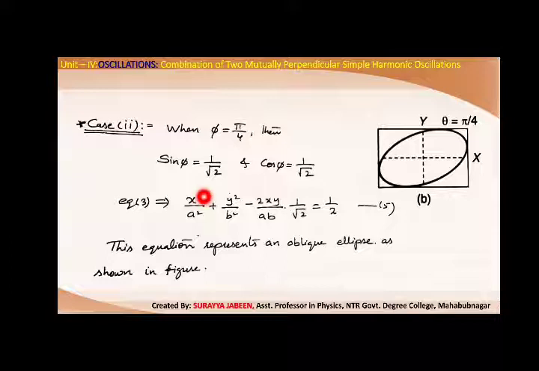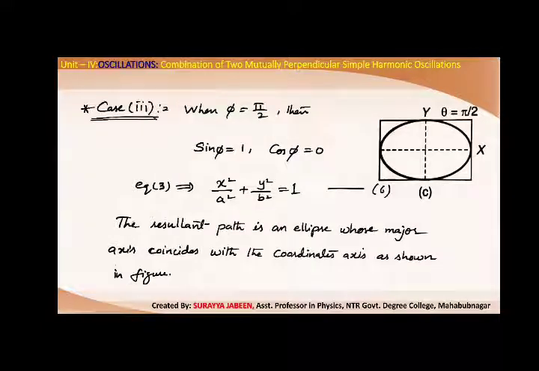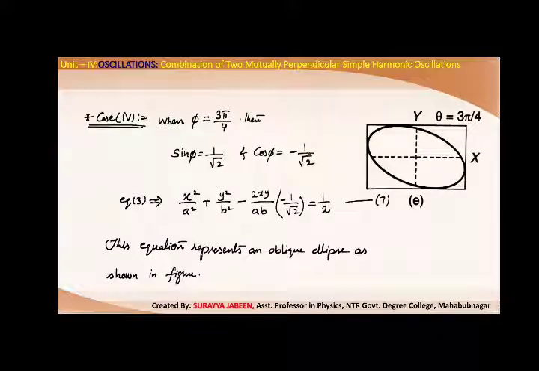Here 1 by root 2 and 1 by root 2, and we get the same formula. But instead of minus here we get plus, like this: minus 2xy by ab into minus 1 by root 2 equal to 1 by 2, or minus into minus you can write plus 2xy by ab into root 2. Same equation, but the sign will be changed here.